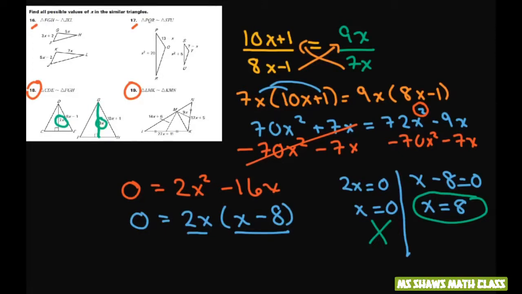All right, and then the next problem is going to be a little bit more difficult. So what I want to do is I want to draw these two triangles. It says these two triangles are similar. So I'm just going to draw them together like this, and just draw two of them.